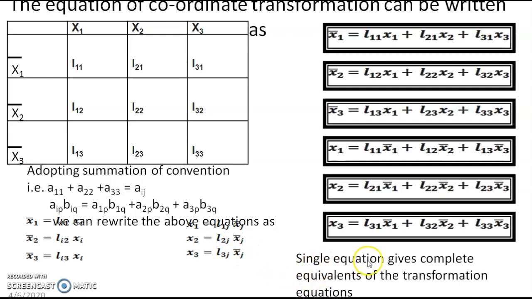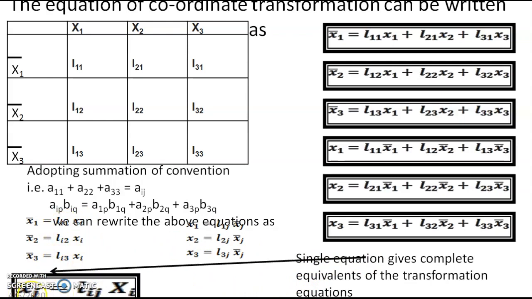In this way, out of these 3 equations, you can have a single equation. How? You see, this equation xj equals Lij xi. Instead of 1, 2, 3, you are writing I, so I is repeating, and j is the second suffix, 1, 2, 3.